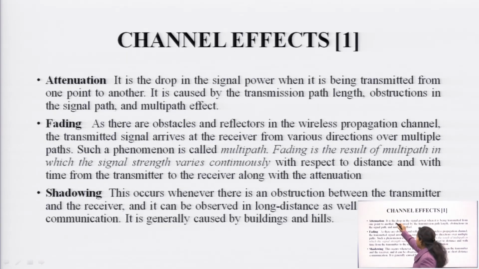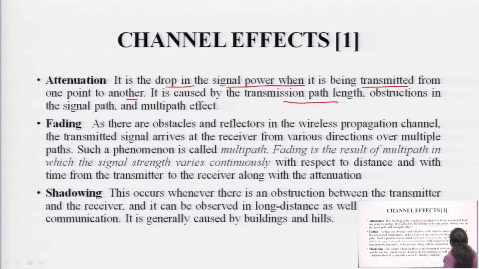Like first one is the attenuation, it is the drop in the signal power when it is being transmitted from one point to another point. It is caused by the transmission path length, obstructions in the signal path and multipath effect. Whenever the signal travels from the transmitter to receiver, there will be different signal powers which are going to degrade the quality of the signal, which will change the characteristics of the signal, which is known as attenuation.